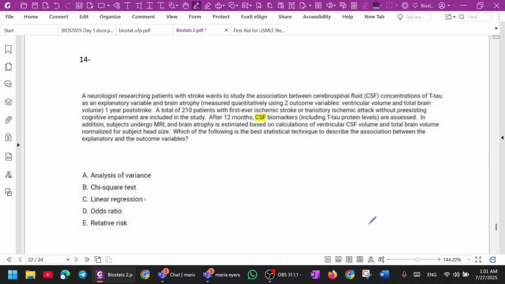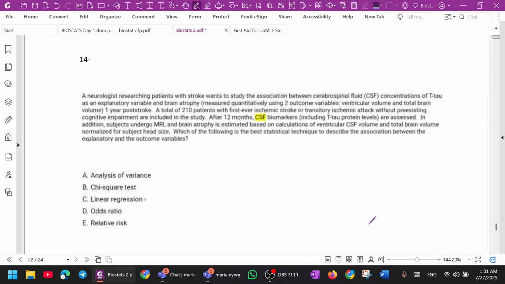They are categorizing between linear regression. What do we remember? Okay, go ahead. You wanted to say something. Sorry, I cut you off.